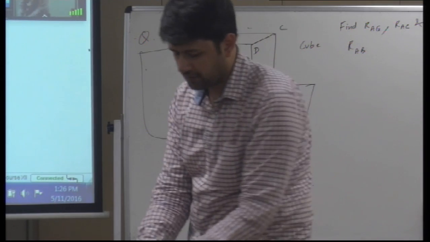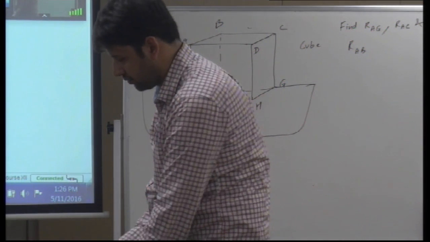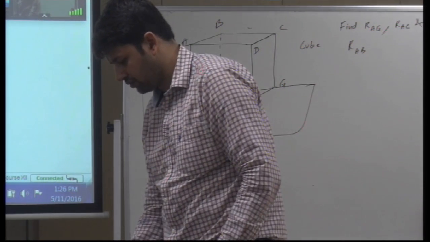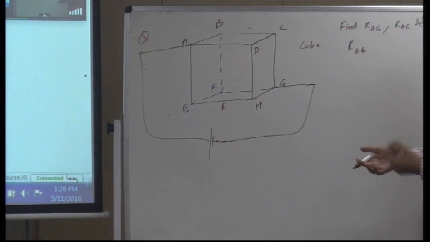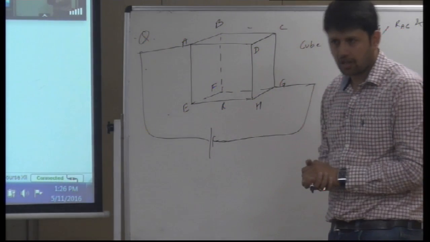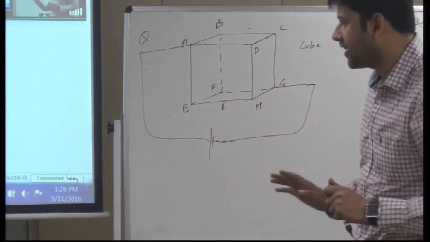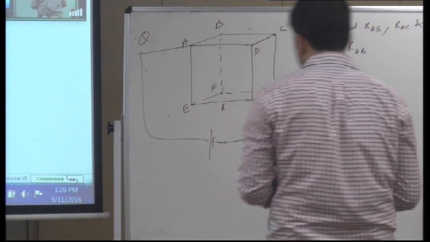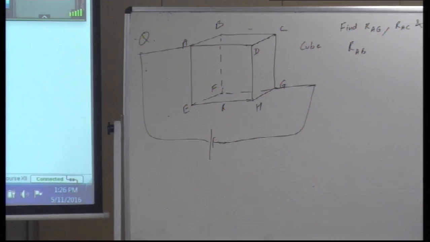Just a second. Now, you know this is a symmetrical figure. A cube is actually a symmetrical figure. है कि नहीं है? But I am unable to identify what kind of symmetry it is.